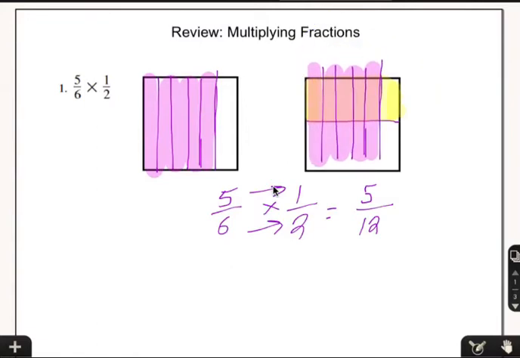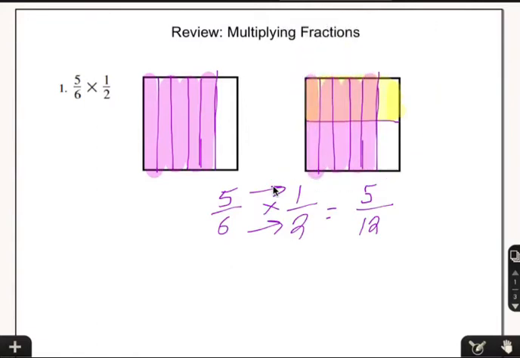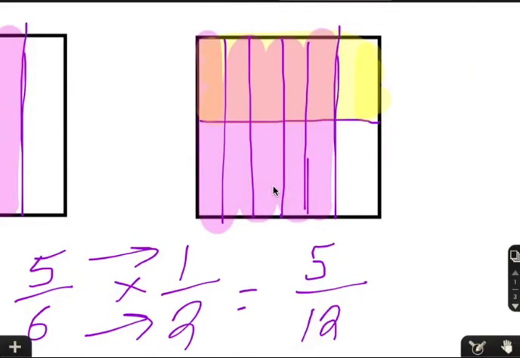I'm just taking the 5/6 that I drew in my first square and shifting them over to my second square. And the reason I'm doing that is because I'm going to figure out how many of the 5/6 are represented in the 1/2 of my other square. So you can go ahead and double check your denominator by counting up the total number of pieces in your new square. And I have 9, 10, 11, 12. Clearly, I have 12 pieces in my new square, which checks off my denominator of 12.